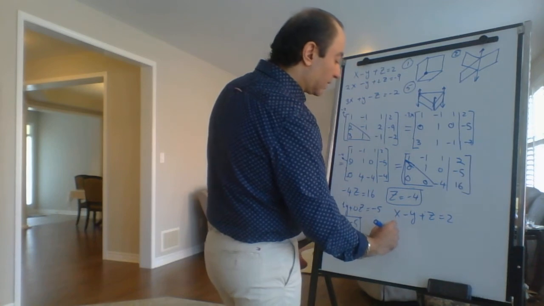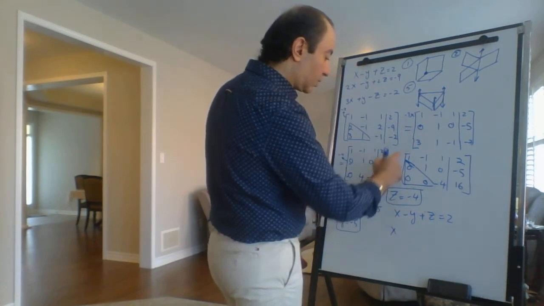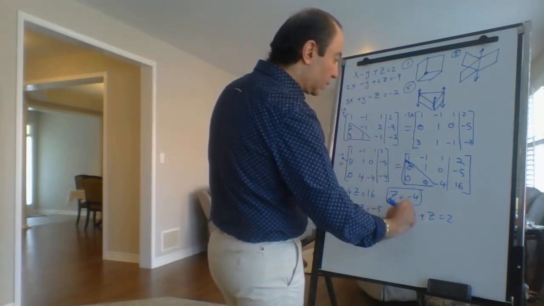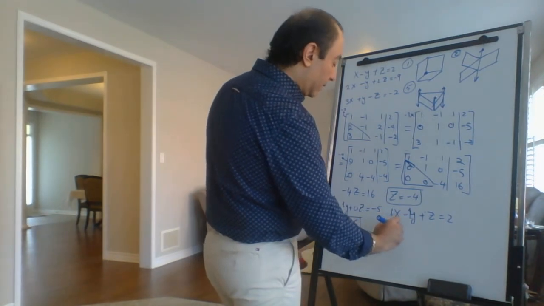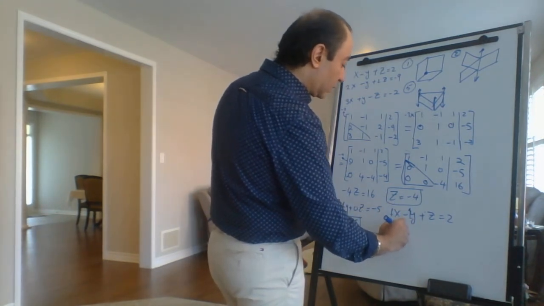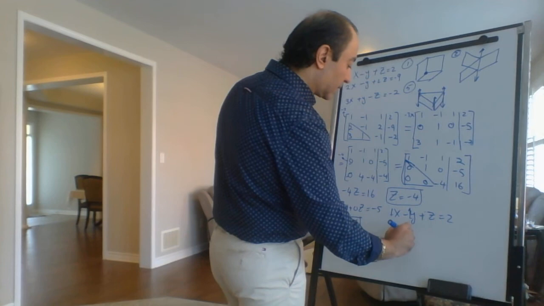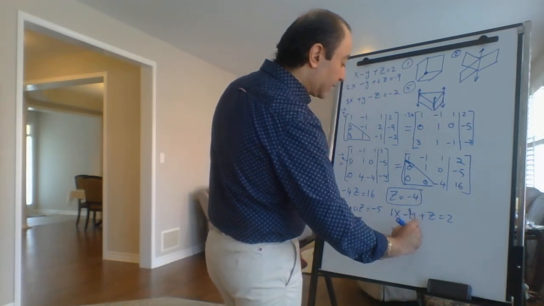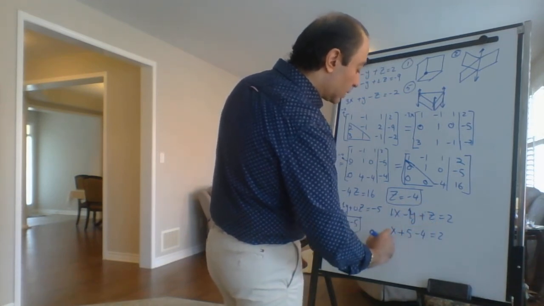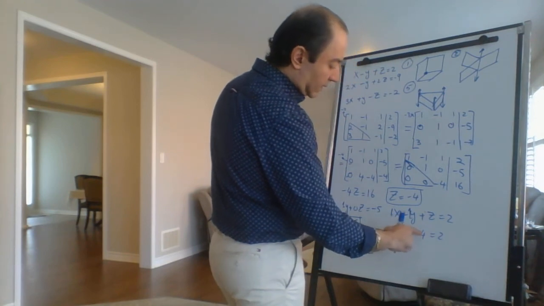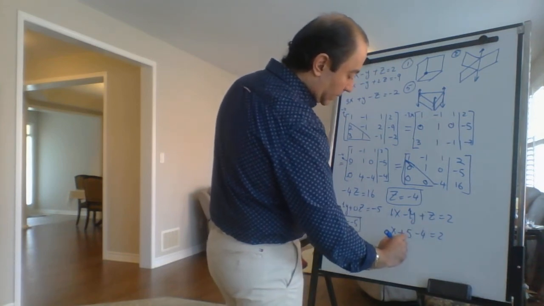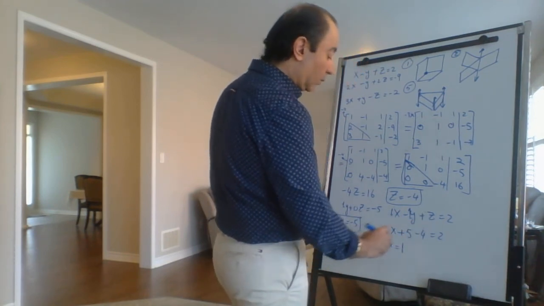So x is what I need to find. It's 1x minus 1y plus z. Y is negative 5, so minus negative 5, so plus 5. Z is negative 4, equal 2. So x equals, we send it to the other side, so it becomes 1.